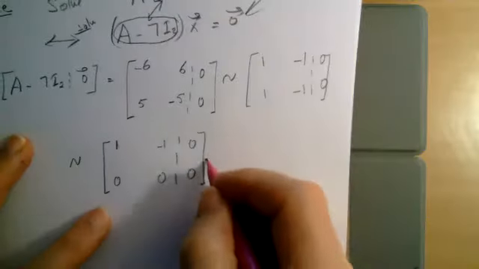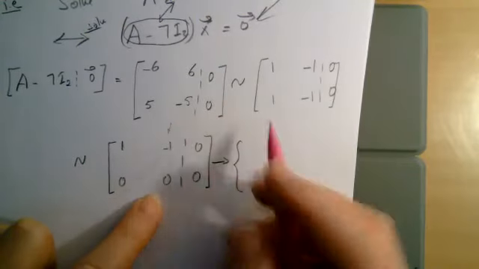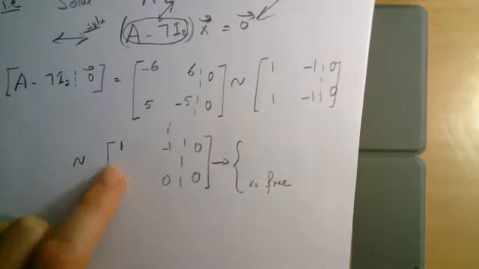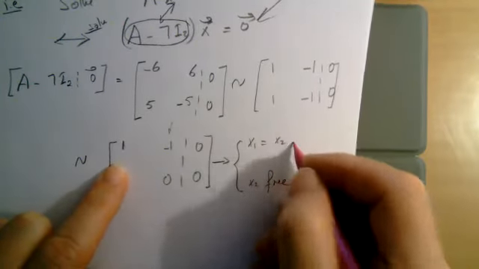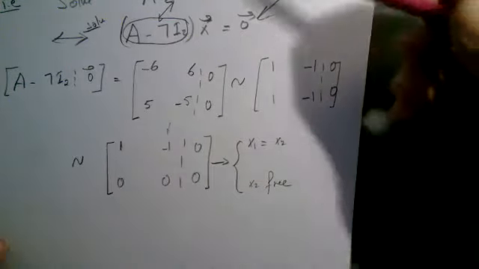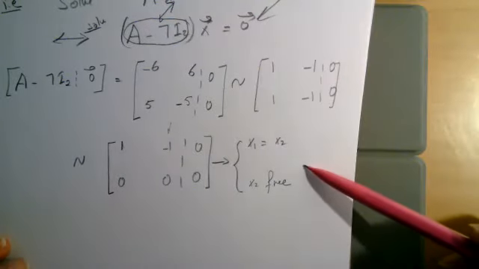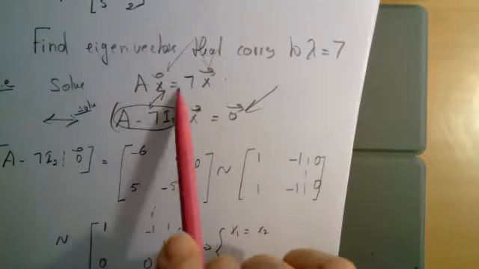So as we solve, we get X2 is free, and X1 is X2. Every time we solve this, because I'm actually looking for a vector X, we have to write the solution in parametric vector form, because I'm looking for the vector X such that AX equals 7X.